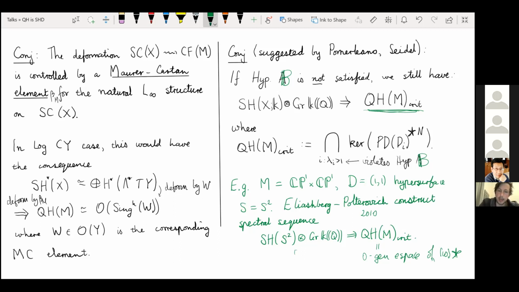Its E1 page is the symplectic cohomology of the two-sphere, and it converges to the zero generalized eigenspace of quantum cup product with c1 on the quantum cohomology of M. So this was part of the motivation for this conjecture, but of course the conjecture is much more general.